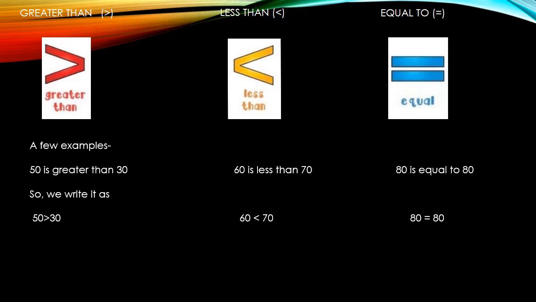Also, in another situation, if you have 80 pencils and your friend has 80 pencils too, so both of you have an equal number, that is, 80 is equal to 80. I hope now you know the use of symbols greater than, less than, and equal to.